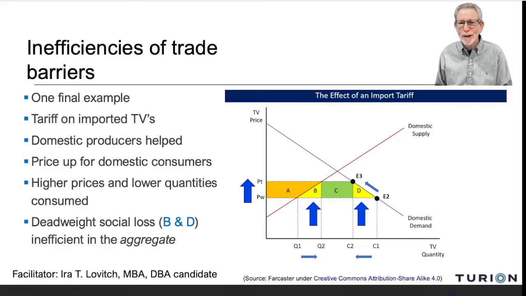The foreign TV producers, of course, as well as the consumers that want to buy televisions. So the effects of the tariff certainly are inefficient. Trade barriers in the aggregate are inefficient. But in individualized cases, of course, they help, and that's why they persist.